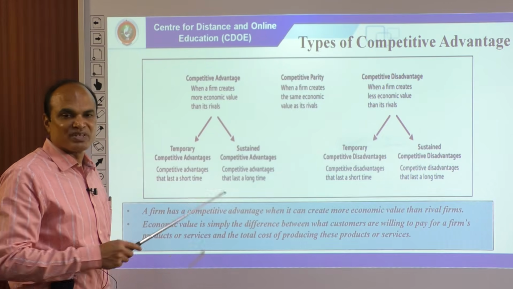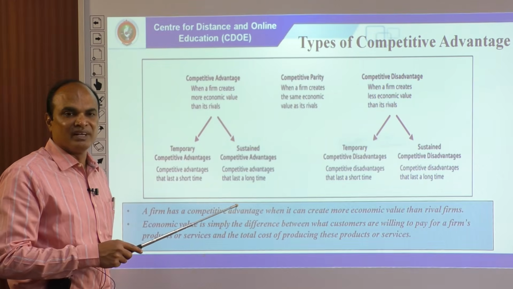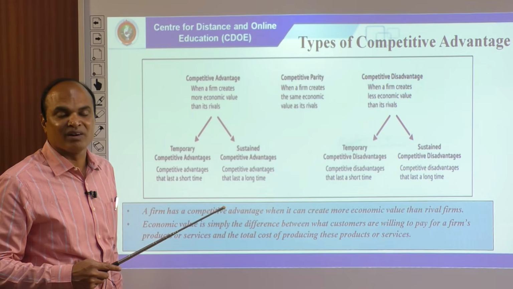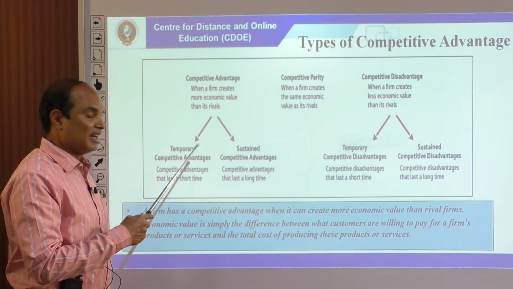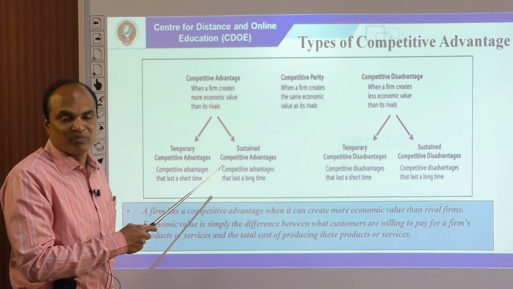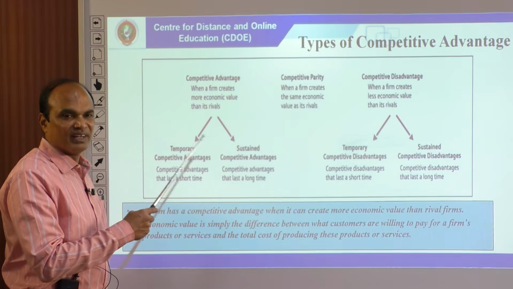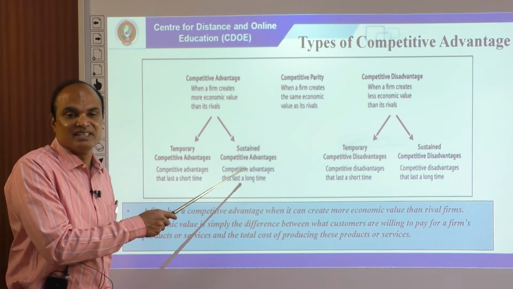One must remember that no advantage or disadvantage is either temporary or permanent. So the firm has to always keep working on maintaining or sustaining the advantages it has got.